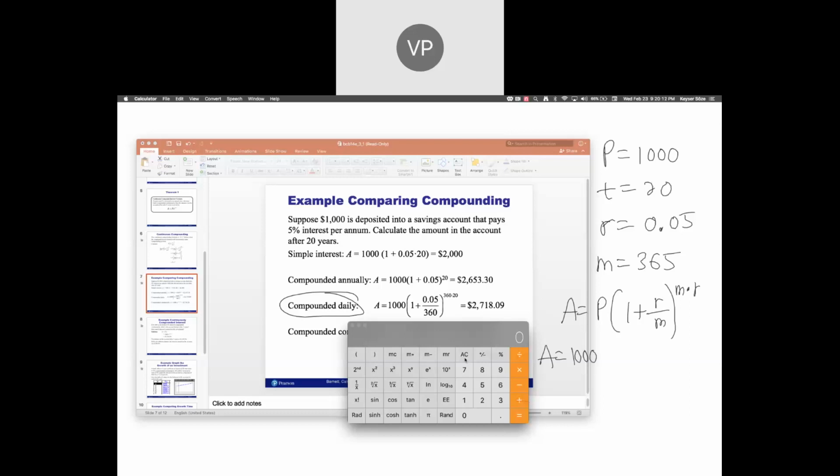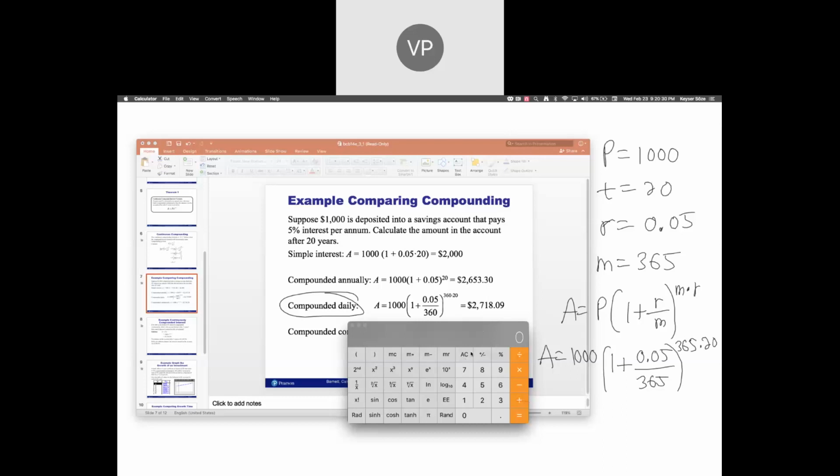We have the 1,000, we have the 1 plus 0.05 over 365, and the power is 365 times T, and your T is 20 years.